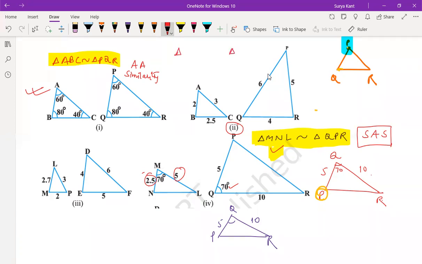That you tell me. Two triangles are similar. QRP equals CBA. Yes, sir. Okay. C and B. If you see C and B, 2.5 is there. So Q and R, what is there? Q and R, 4 is there, correct?